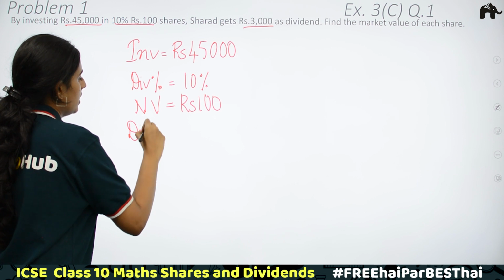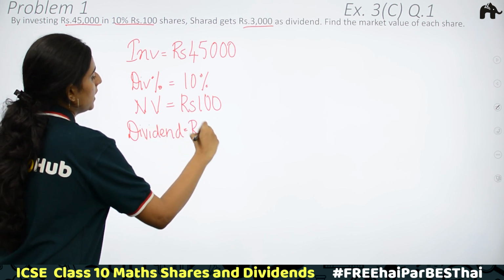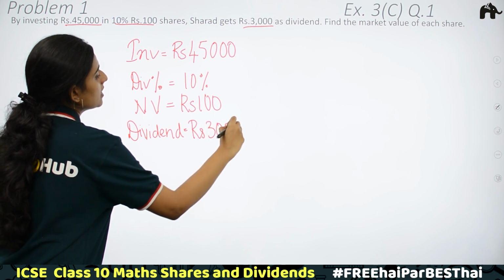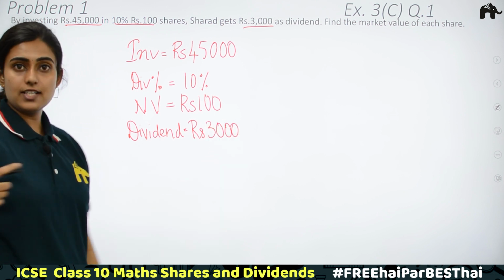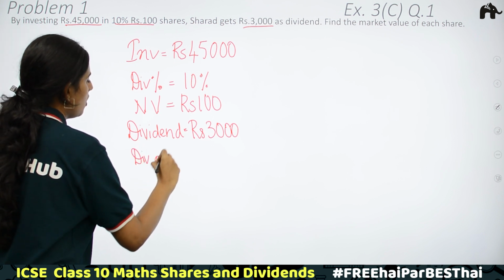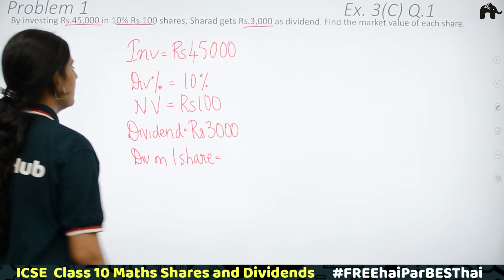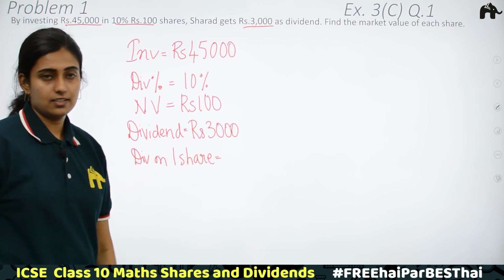Dividend is also given, that is rupees 3,000. This is the total dividend. Now, we can find the dividend on one share. What is the dividend on one share?